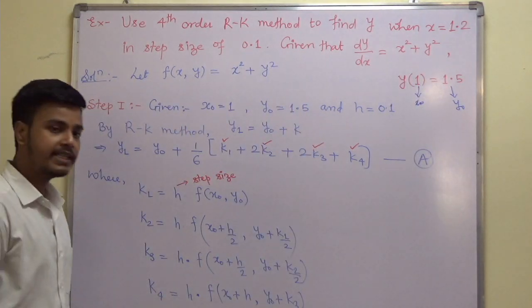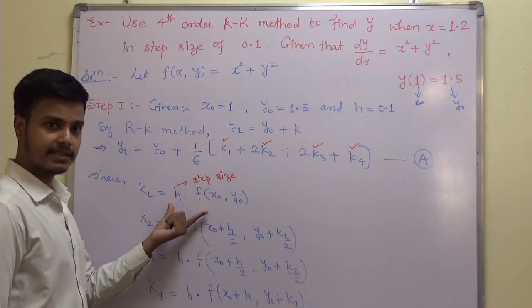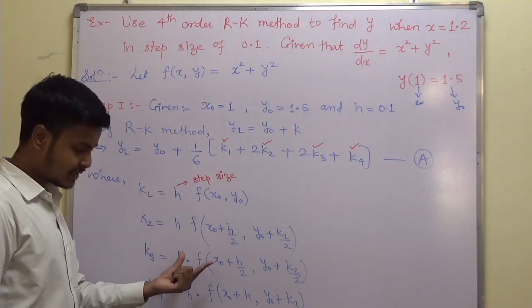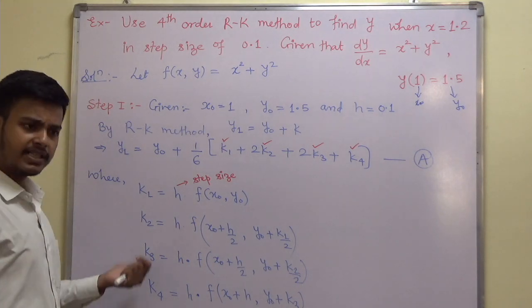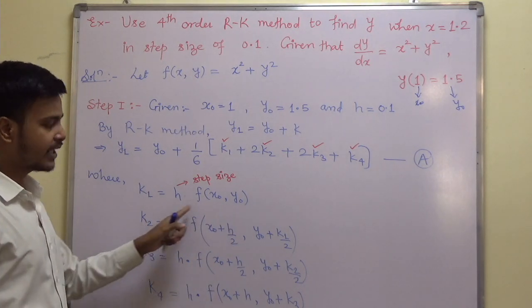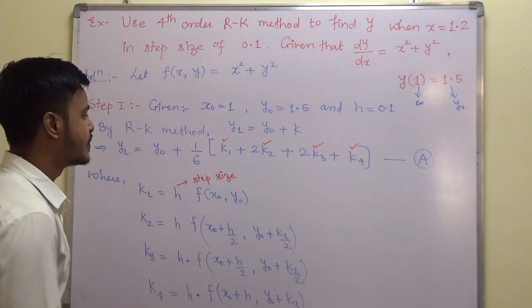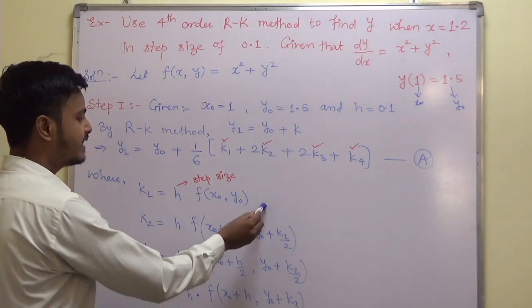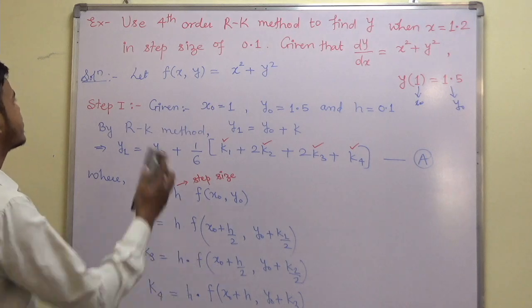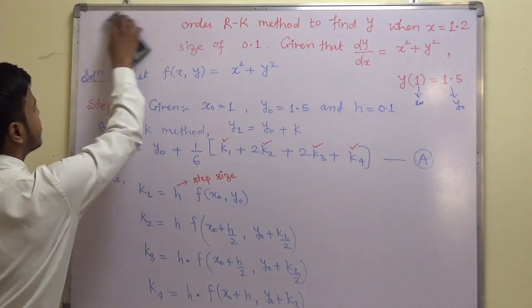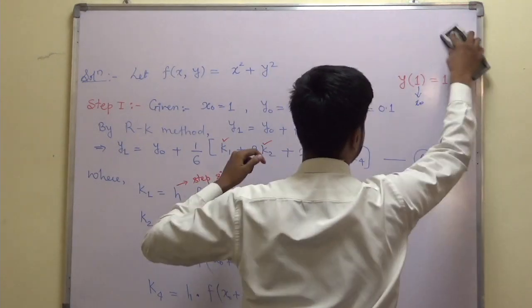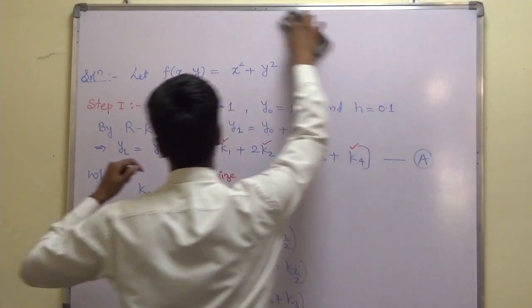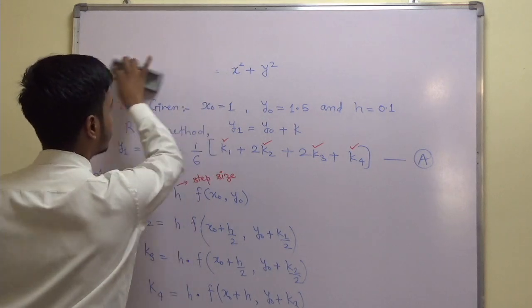Where this k1 is this, k2 is this, k3 is this, and k4 is this. Now let us find out all these k1, k2, k3, k4. If you want, I can find it here also, but as we give more emphasis on writing the solution systematically, let us find out all those things.